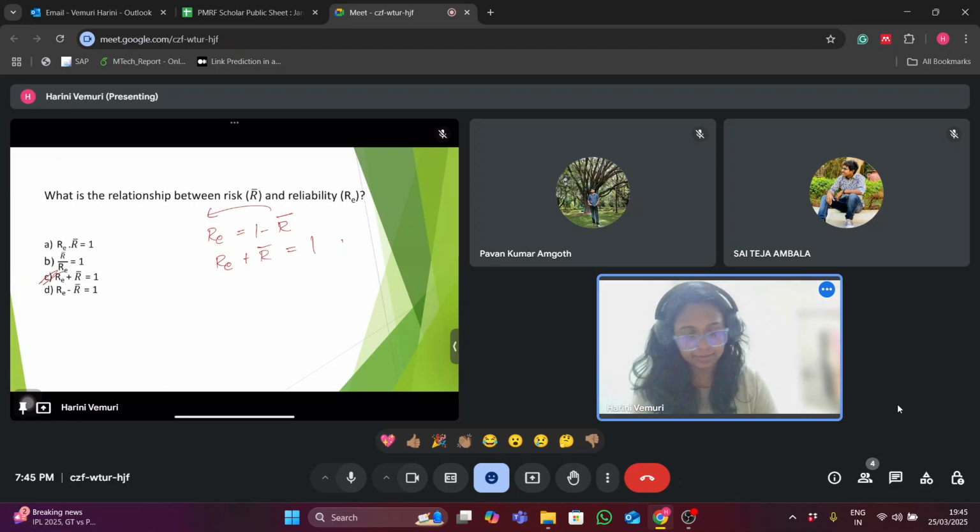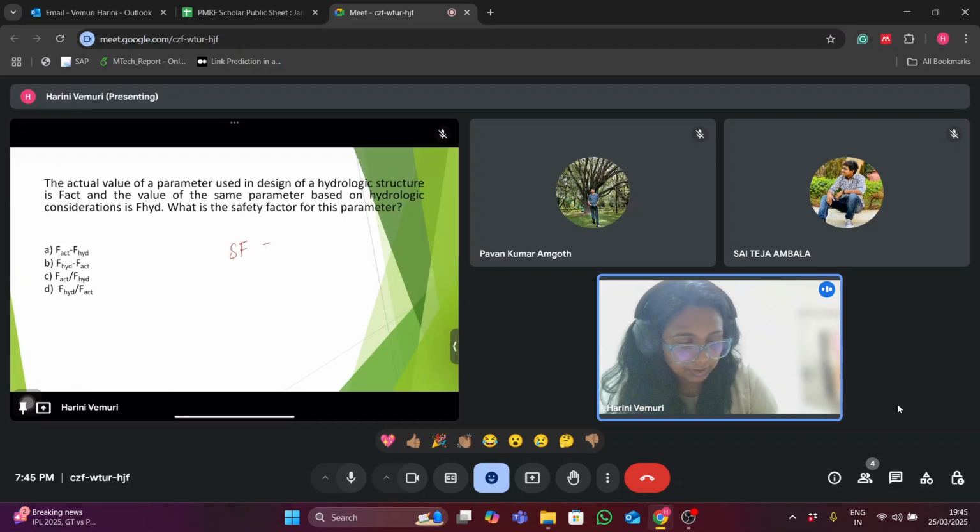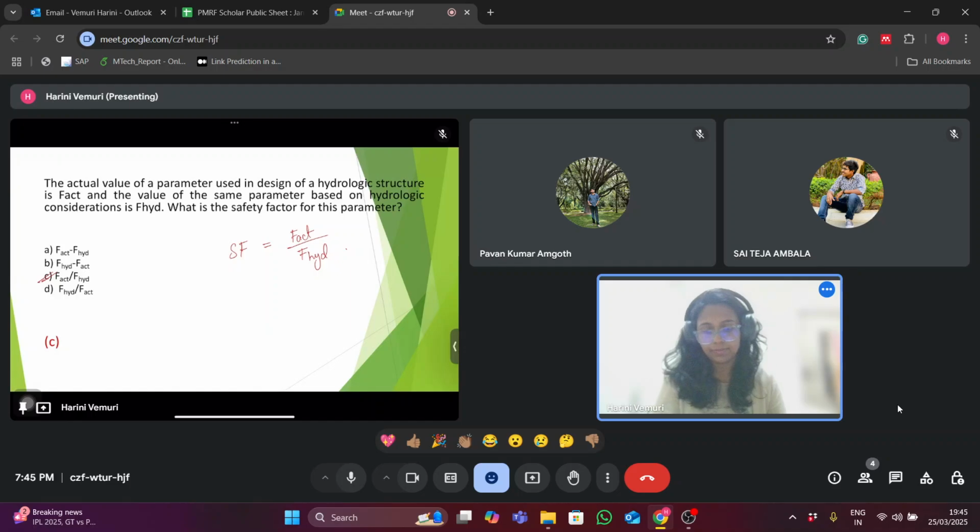The option is C. The actual value of the parameter used in design of a hydraulic structure is F actual, and the value of the same parameter based on hydraulic consideration is F hyd. What is the safety factor of this parameter? If you remember, safety factor is given as F actual by F hydraulic condition. So the answer is option C.